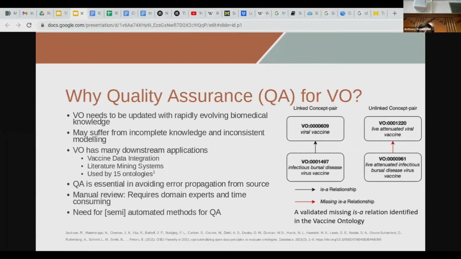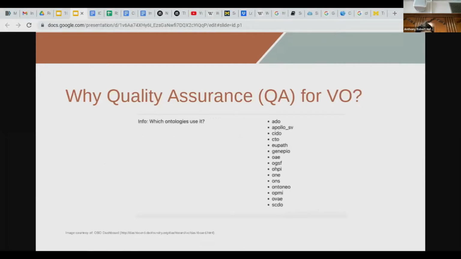We are not going to catch logical inconsistencies that come from errors of omission if it's not there. So this is actually from the OBO Foundry dashboard, the brilliant dashboard that I was introduced to a few days ago. One of the example ontologies that the VO feeds to, as we saw, was CIDO.